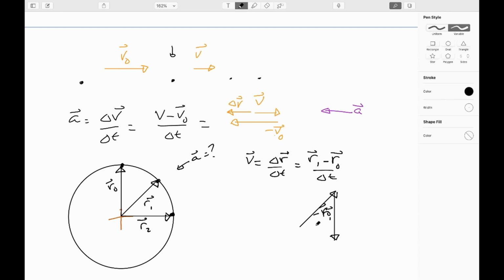And so then this works out that this right here is my, we'll call it delta R naught. So my V naught will be proportionate to that.